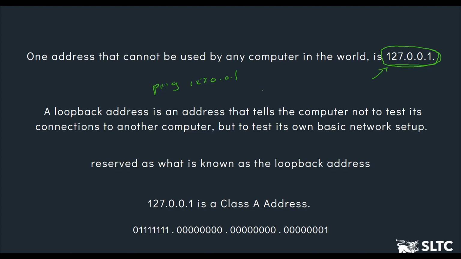You can try to ping it on your computer and check what output comes once you do that. It is known as the loopback address, right? It is used to check whether the device has the basic network setup.